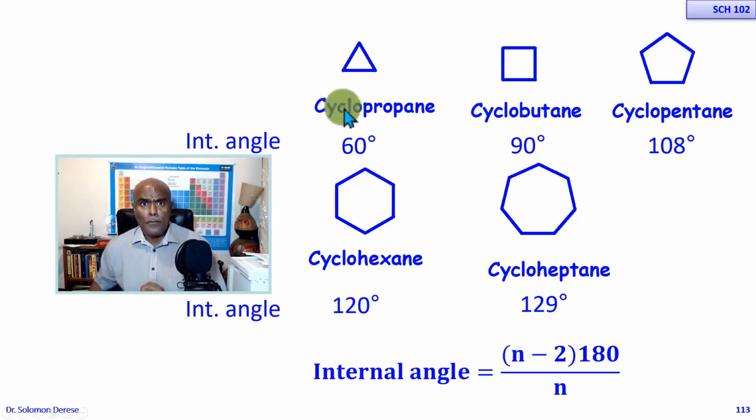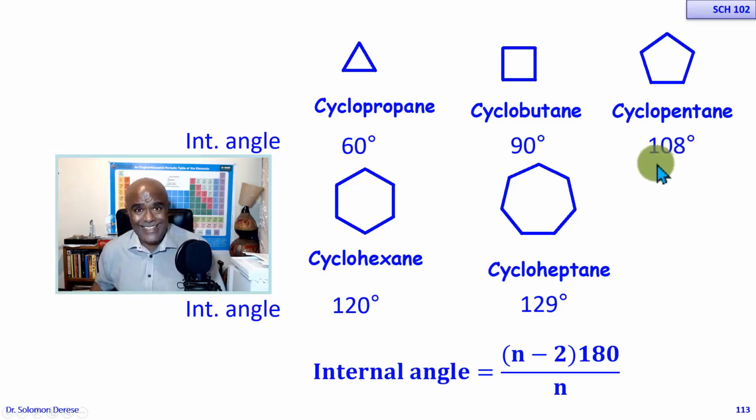Now, based on their bond angle, you will see that cyclopentane has a bond angle closer to the ideal 109.5 degrees.